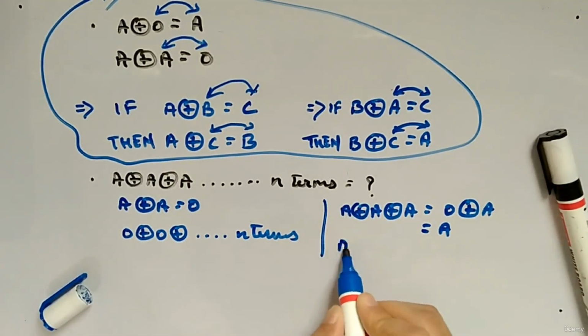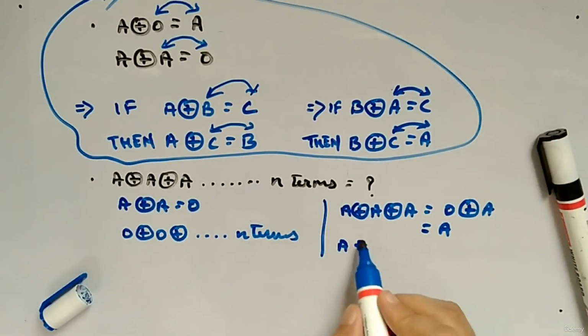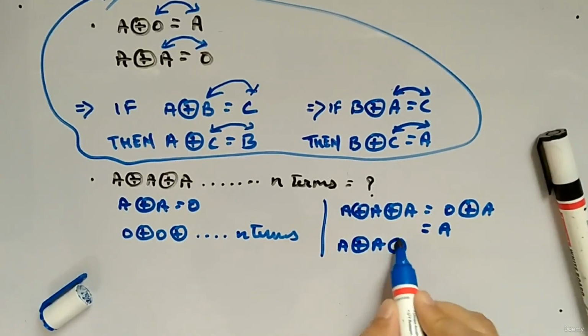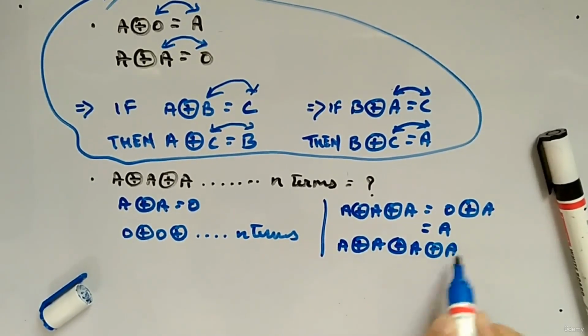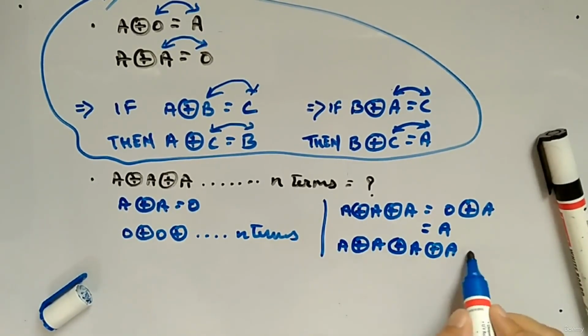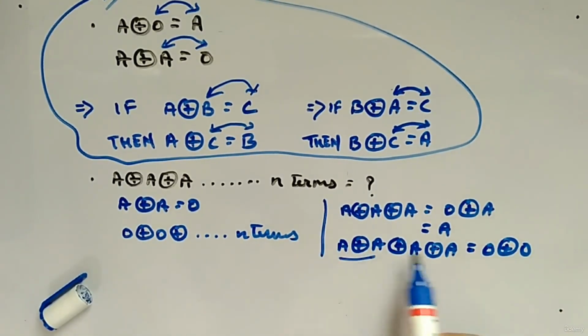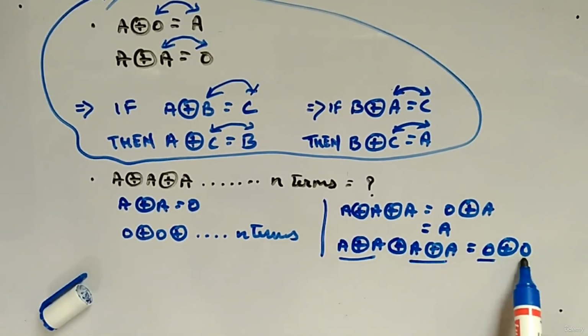Now if I take four terms, A XOR A XOR A XOR A, then this will be 0 XOR 0. How? Because this pair will give 0, and this pair will give 0 because of this property.